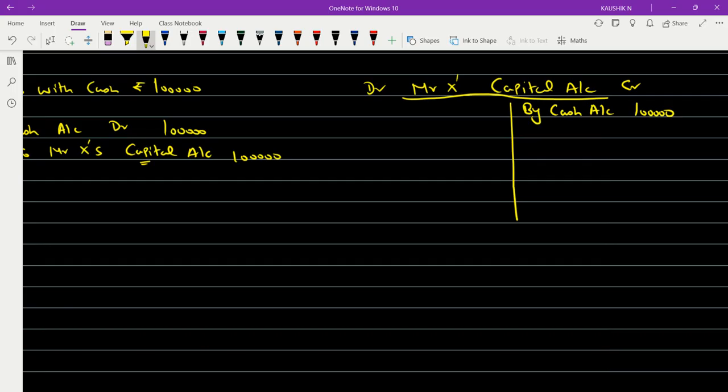That's the only item. You'll record it and do the balancing, recording here as to balance c/d, 1 lakh, and both sides will show 1 lakh.